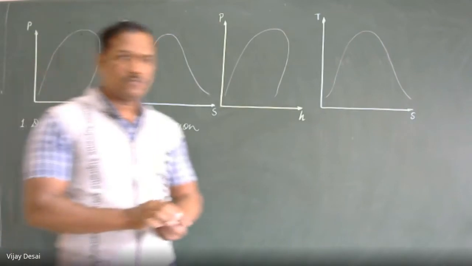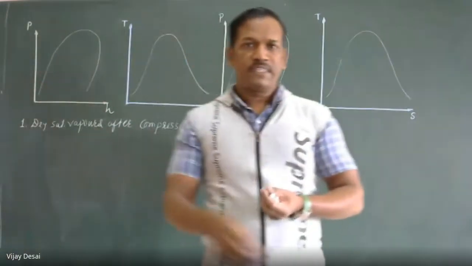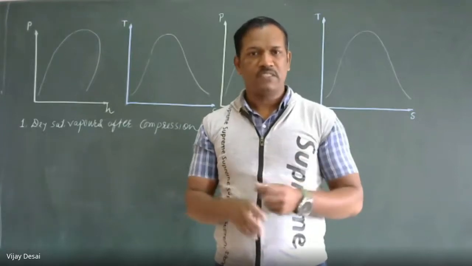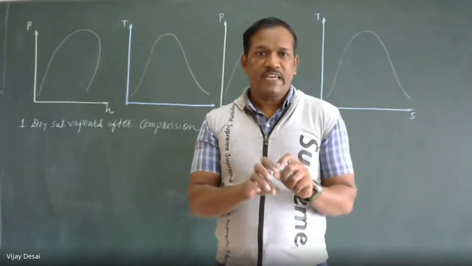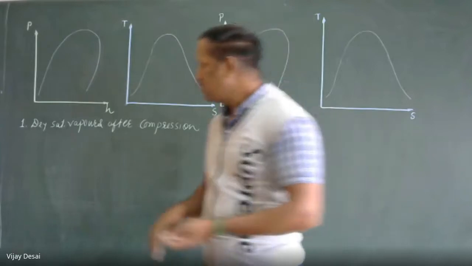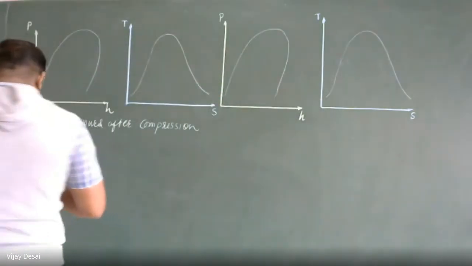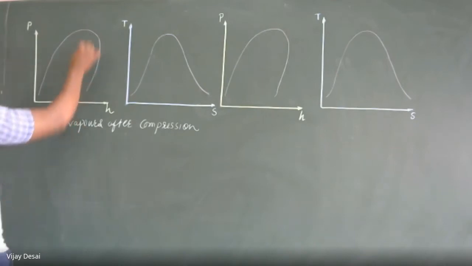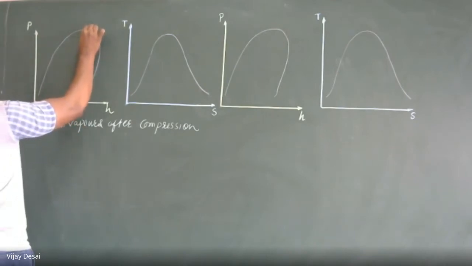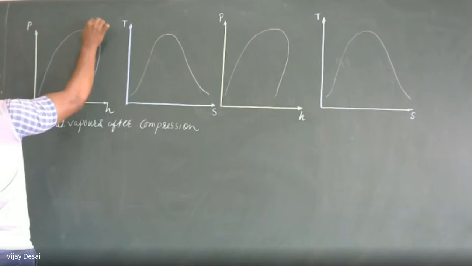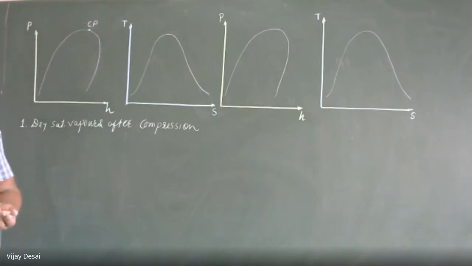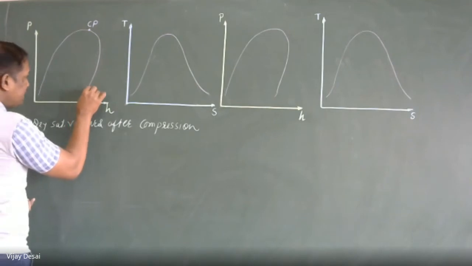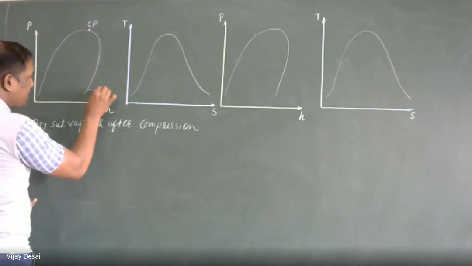So imagine after compression the condition of the refrigerant is high pressure, high temperature, exactly dry saturated. So whenever we say dry saturated, on this graph we know that there is one critical point. On the right hand side of the critical point, it is the saturated vapor line.